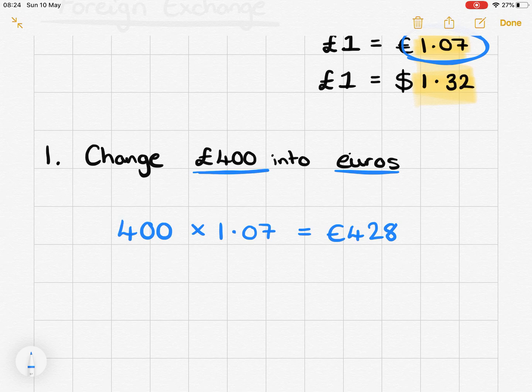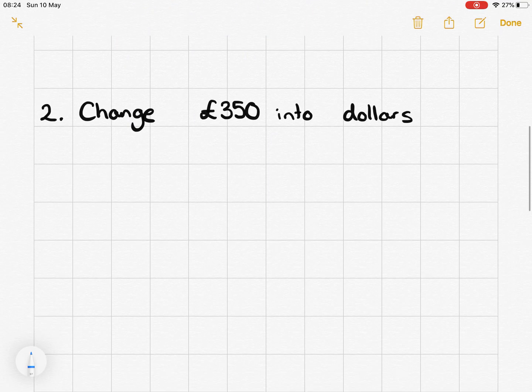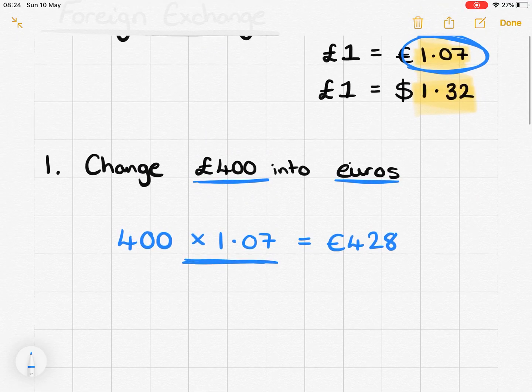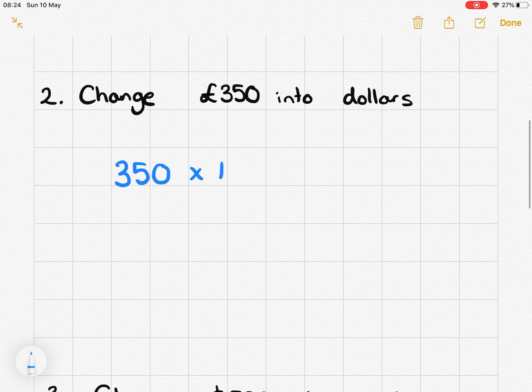This process really doesn't change. If we're changing pounds into another currency, we're always just multiplying by the exchange rate, the one that we want to change into. Our next example is change £350 into dollars. Well, it's £350, and I'm changing it to dollars, so it's a multiply, which means I need this exchange rate here. So I'm multiplying by 1.32.